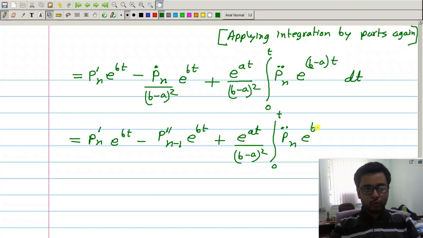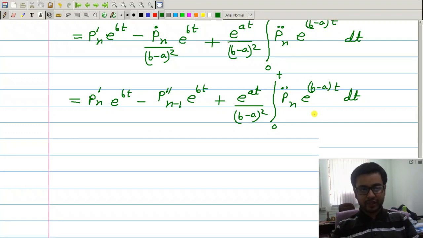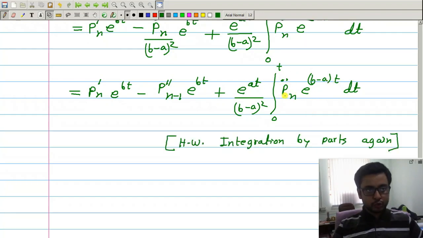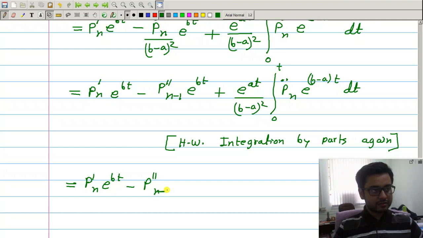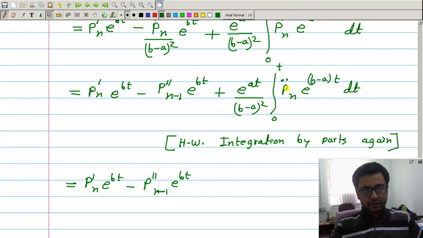Now your homework is to apply integration by parts once again, third time on this term. Okay, if you do your homework, then you shall get these two terms as it is, and you shall get a term like the second derivative of p.